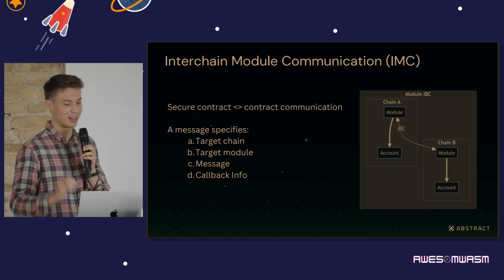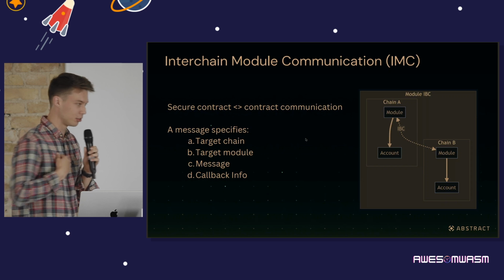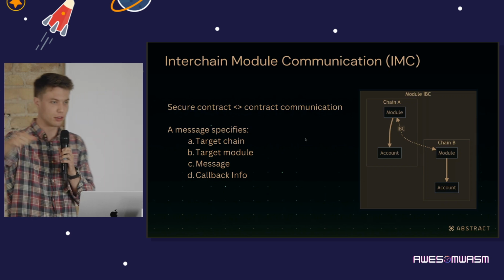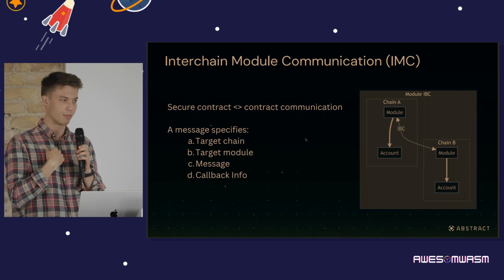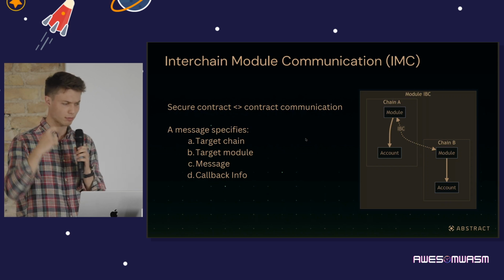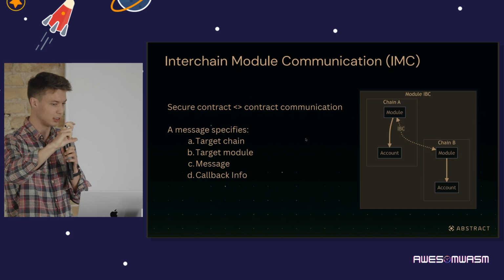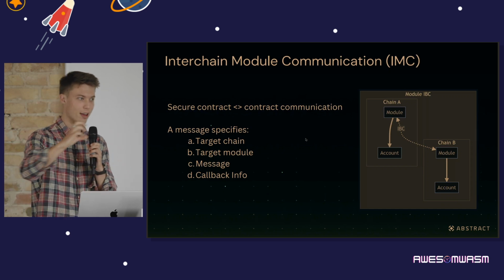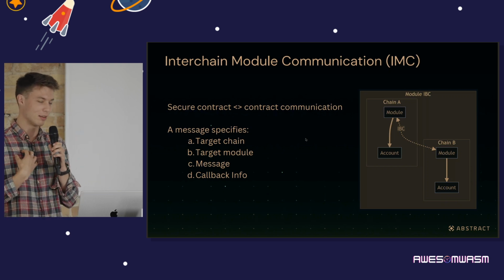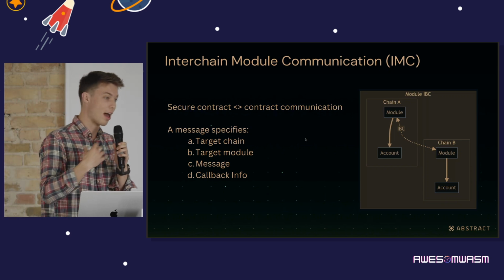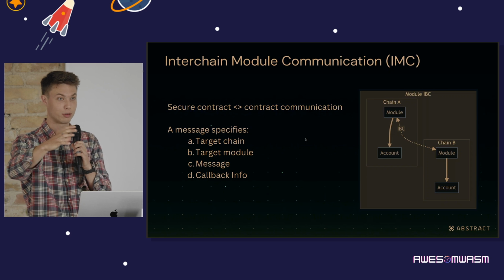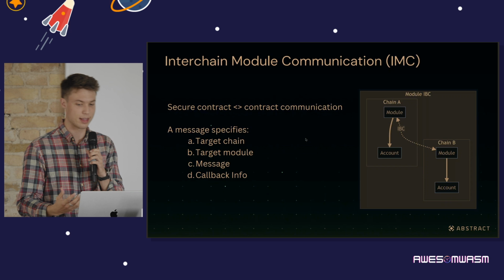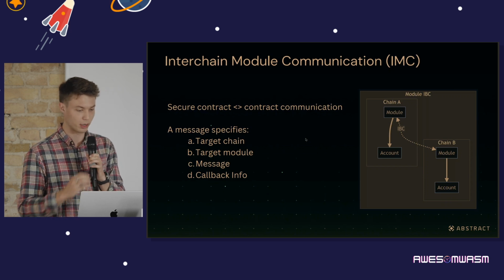Essentially it allows any application to send a message to an application on another chain, and then the receiving application can verify that the message it receives comes from a specific application. If I'm a mail server, for example, I can say I only want to receive messages from other mail servers, right? And then I can rely on that and handle my logic that way.